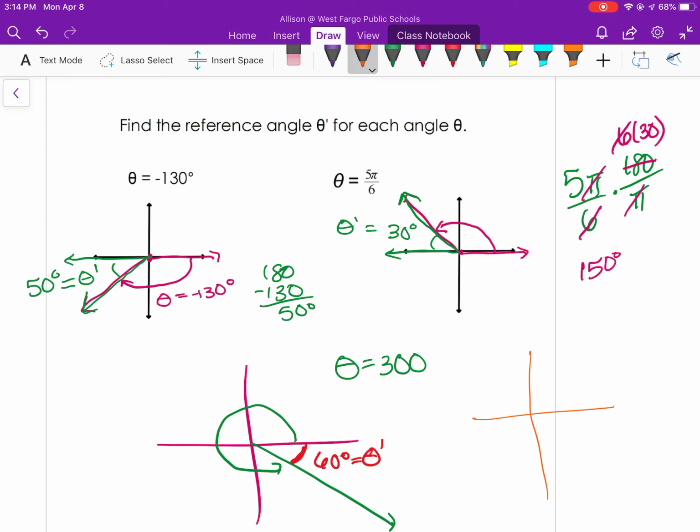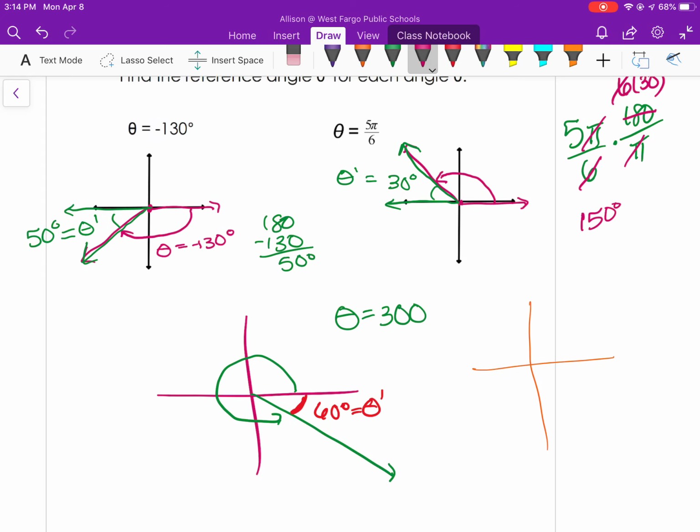If I did an angle of, let's say, negative 270, or actually we'll do negative 240. So that's going to be way up here, because negative 270 would be right here. So this reference angle is actually right here, the terminal side and the x-axis.